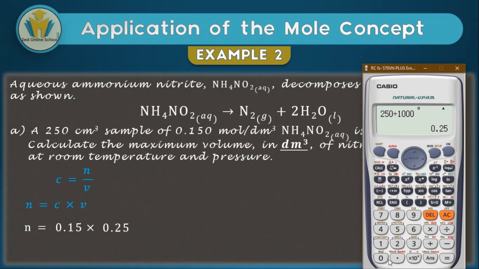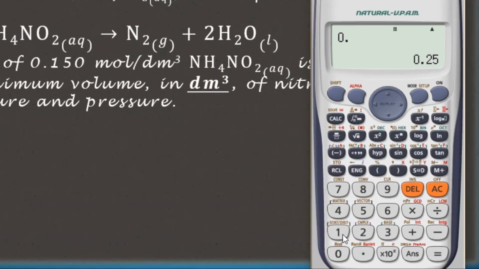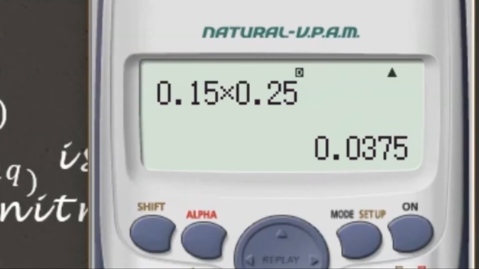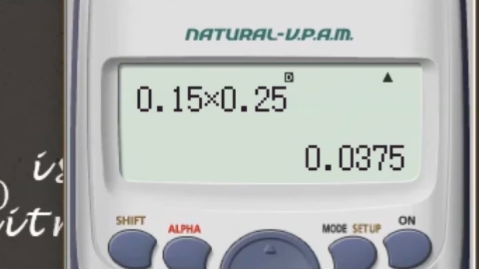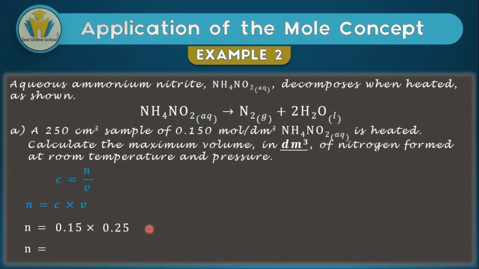Now our job is to find n. 0.15 multiplied by 0.25. Our answer is 0.0375. So what this indicates is that in these 250 cubic centimeters of 0.15 mole per cubic decimeter of ammonium nitrite, we have this amount of moles.